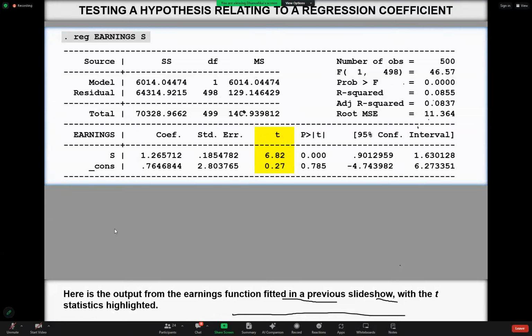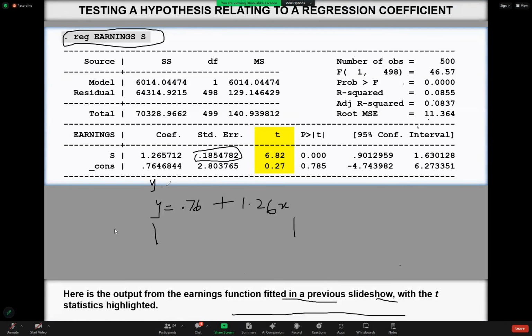Then you can see here the regression output. Now in this regression output, our regression model is earning as a function of schooling. Y is equal to 0.76 plus 1.26x, where Y is earning and x is schooling. Then this is the standard error.